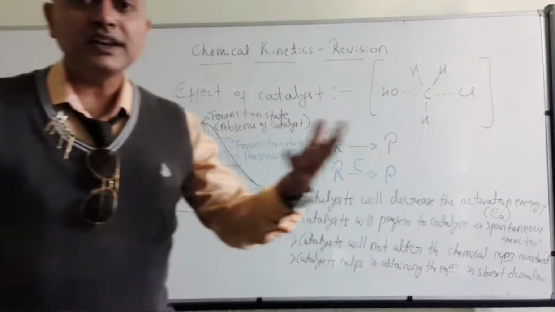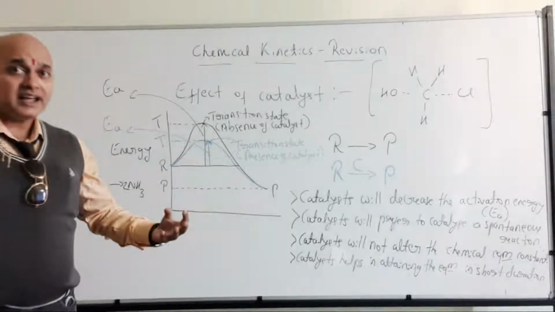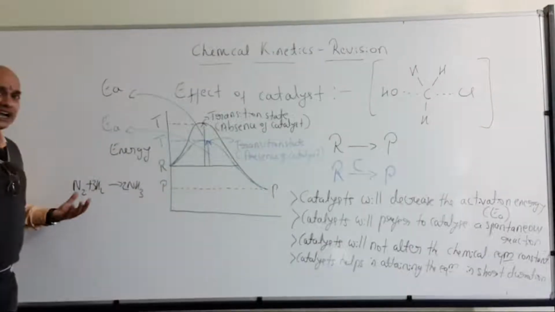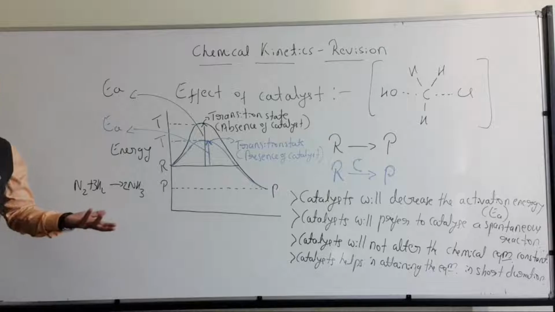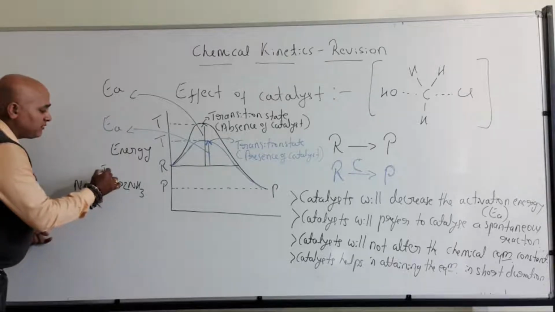After some time it will reach the equilibrium where some amount of ammonia will be there and some amount of nitrogen and hydrogen will be there. Then what is the use of using the catalyst? That is iron oxide. What is the use?